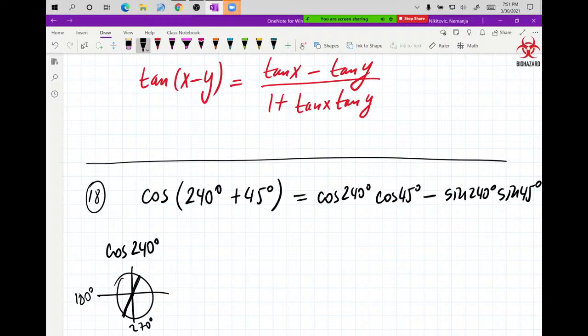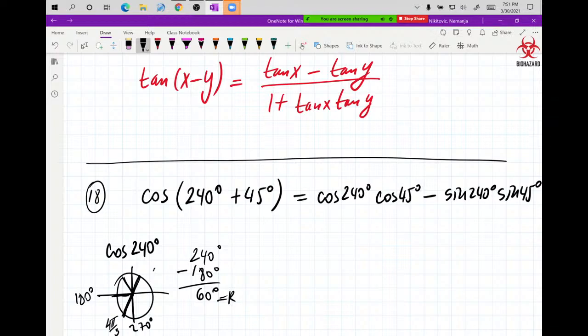So that's 1 pi over 3, 2 pi over 3, 3 pi over 3, 4 pi over 3. I just love my reference angles to be in radian measure, but in our case, 240 minus 180 is 60 degrees, and that's the reference angle.